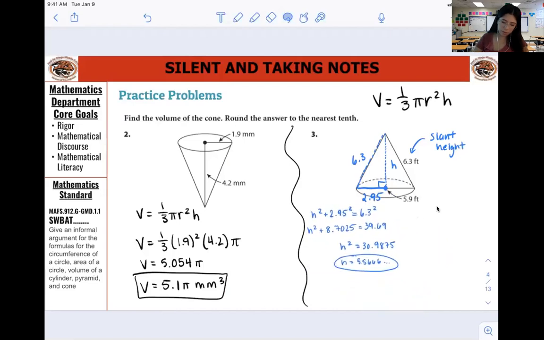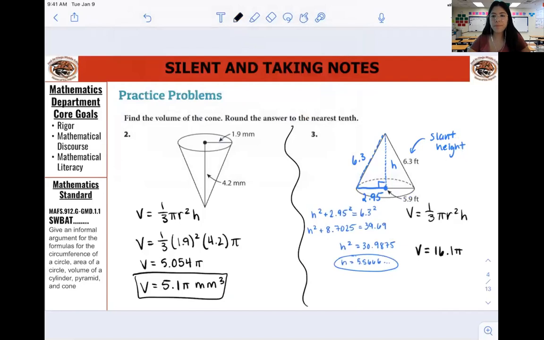So I'm now going to use my volume formula. I'm multiplying that decimal times 2.95 squared, and then dividing it by 3. When you do all that, you should get 16.1 pi. Perla, you got 16.4.